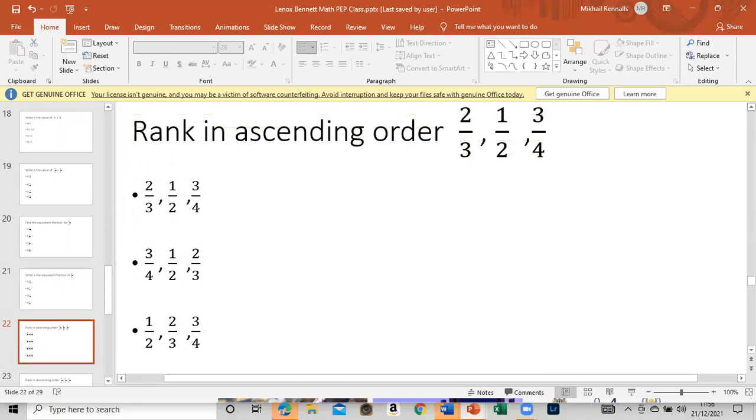Whoa, that one here is tricky now. Arrange in ascending order. What does ascending mean? Smallest to largest. So watch which of these would be the smallest fraction, then the middle one, then the largest. Go.